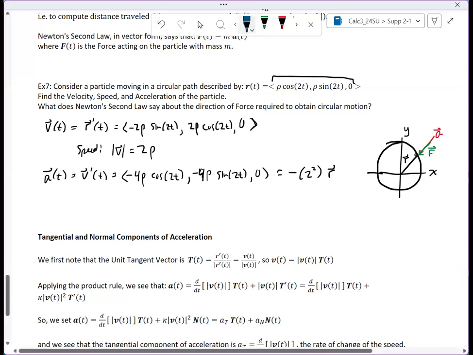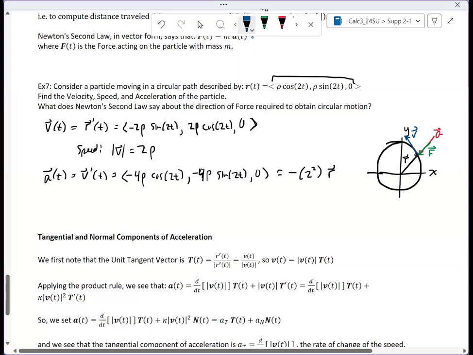And then, of course, my unit tangent vector is here, and that is my velocity vector in this case. I said unit tangent vector, but this is just a tangent vector. It's not necessarily a unit vector. My tangent vector is my velocity vector.